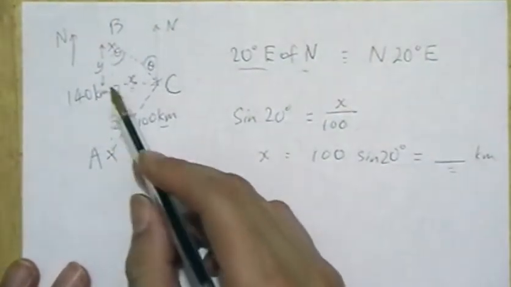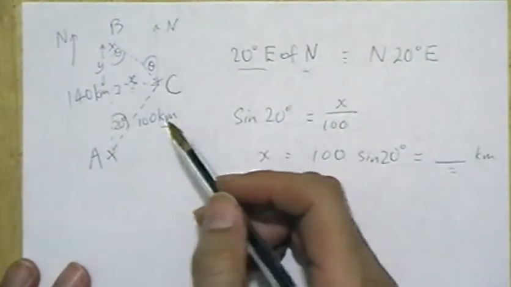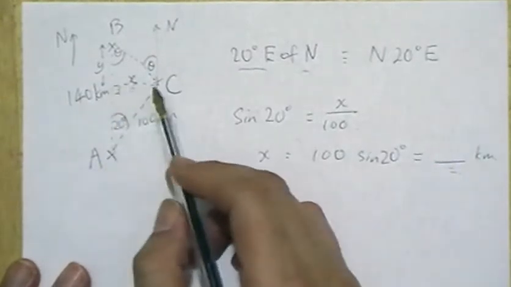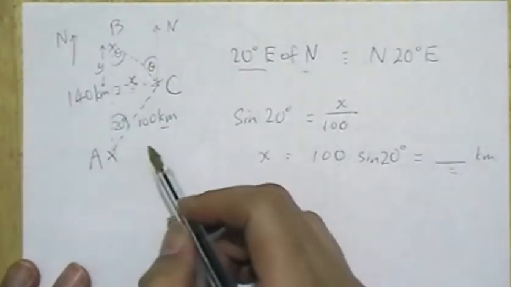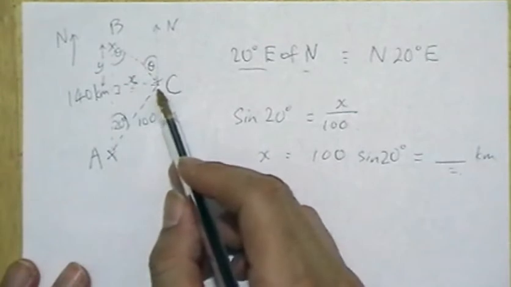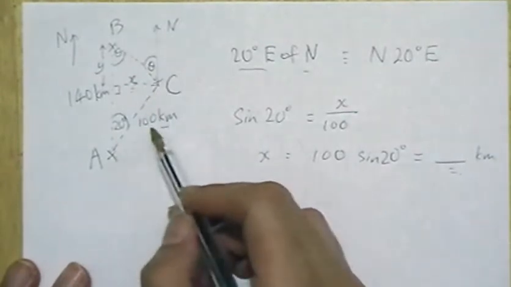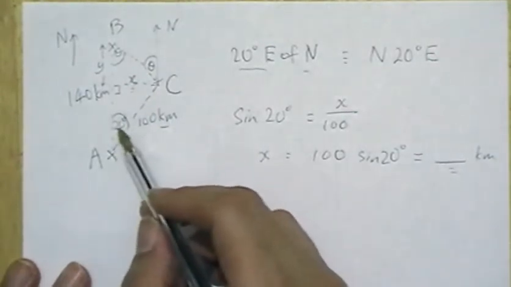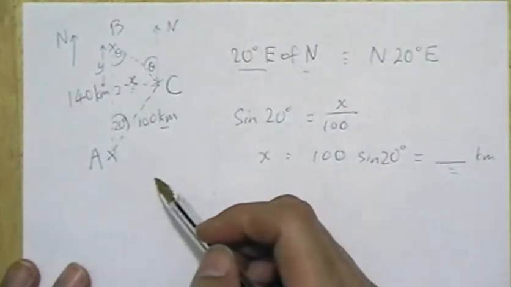Now this distance I can find using this right angled triangle, because I know that this hypotenuse is 100 kilometers and this angle is 20 degrees.